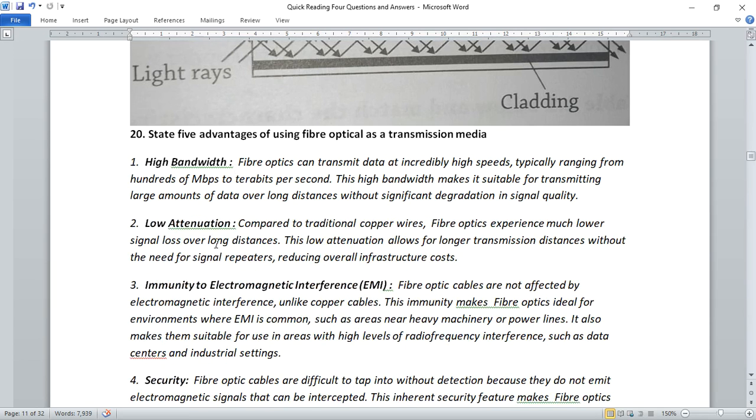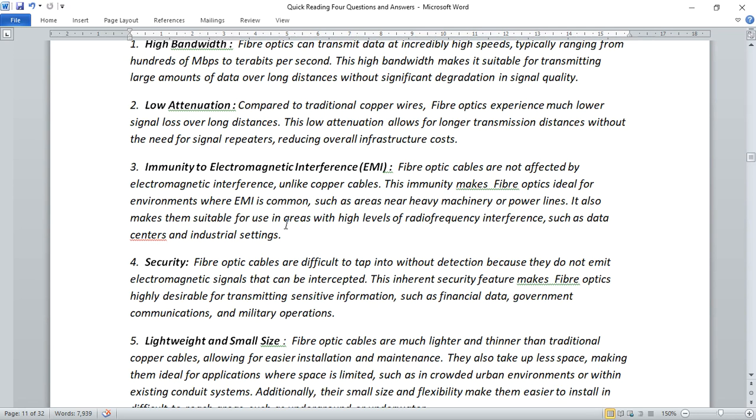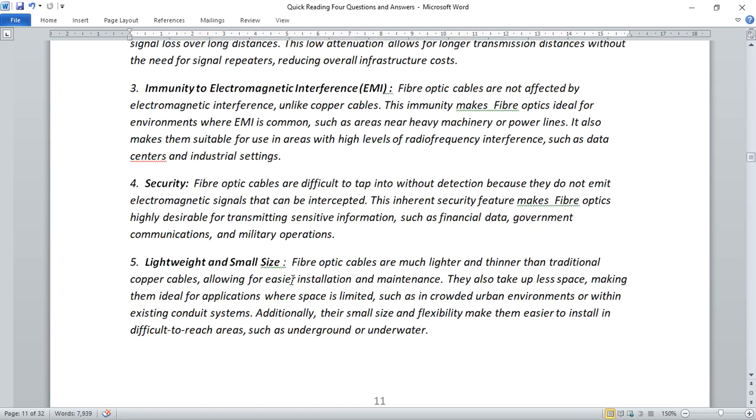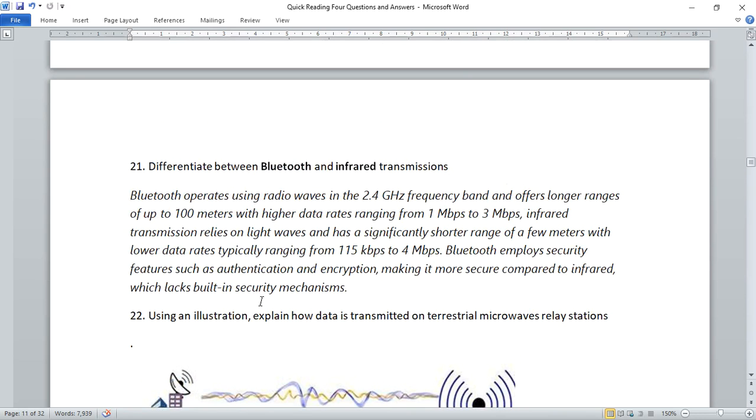Then low attenuation, we have talked of attenuation as the weakening of the signal. Also, it is immune to electromagnetic interference or noise. Then security, it has good security. It is difficult to tap the information. Then lightweight and small in size. You can also see it is portable. That is what that one says.